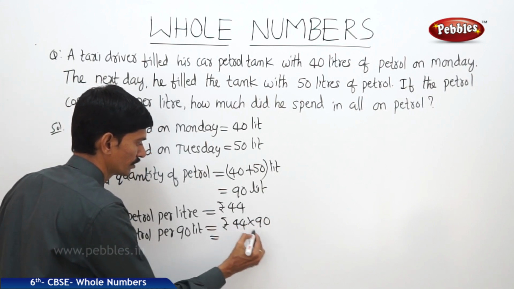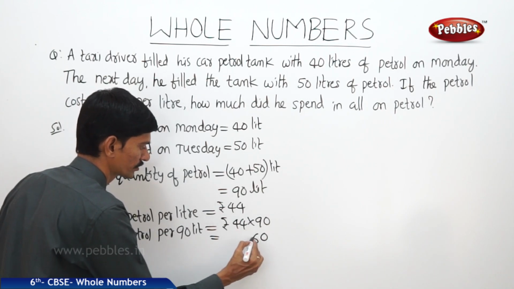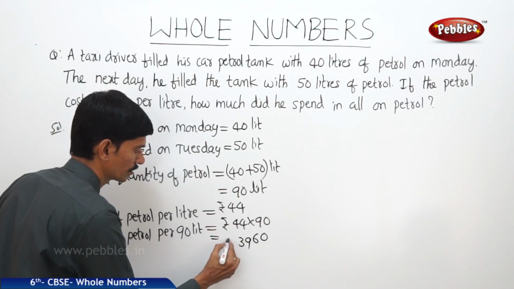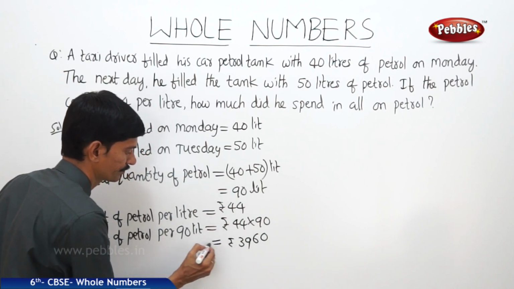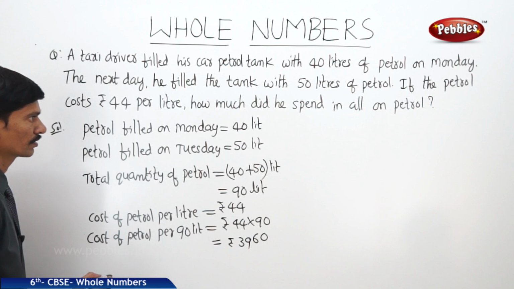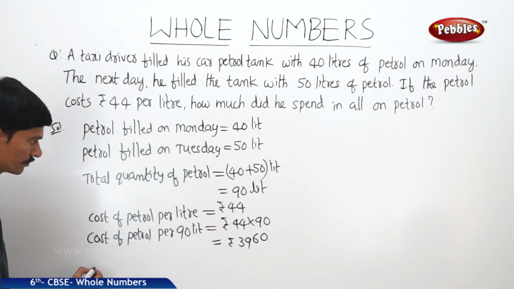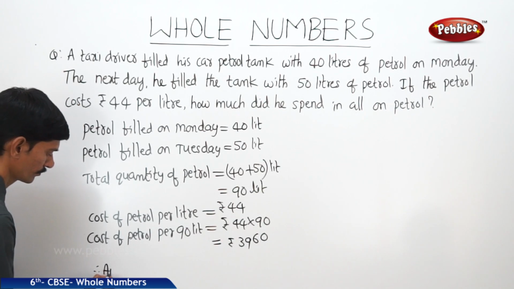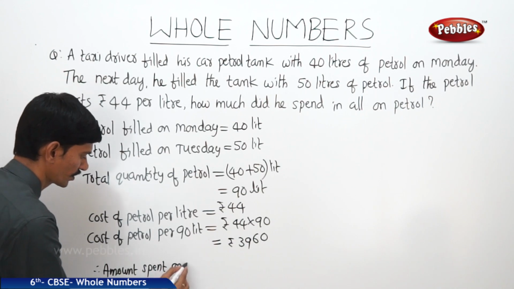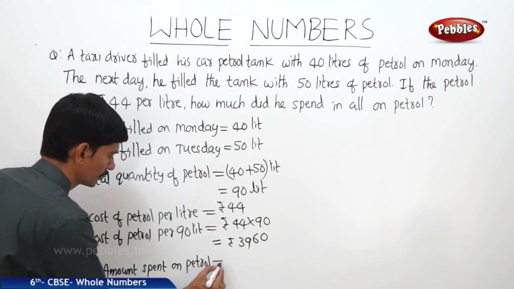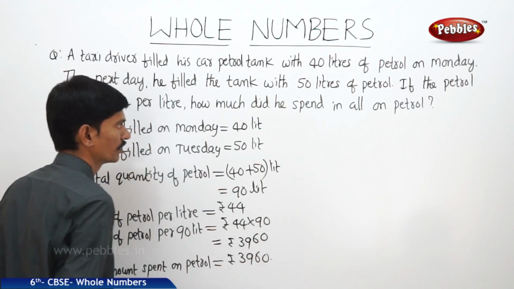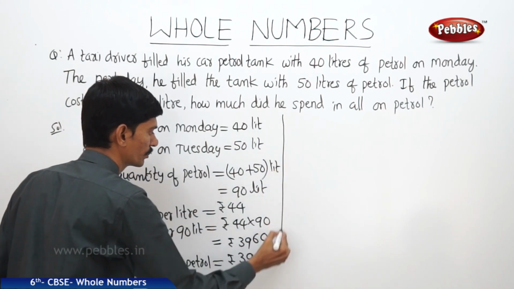So this equals 0, then 9 4s are 36, 9 4s are 36 plus 3 is 39. So it is 3,960 rupees. The amount spent on petrol equals 3,960 rupees.